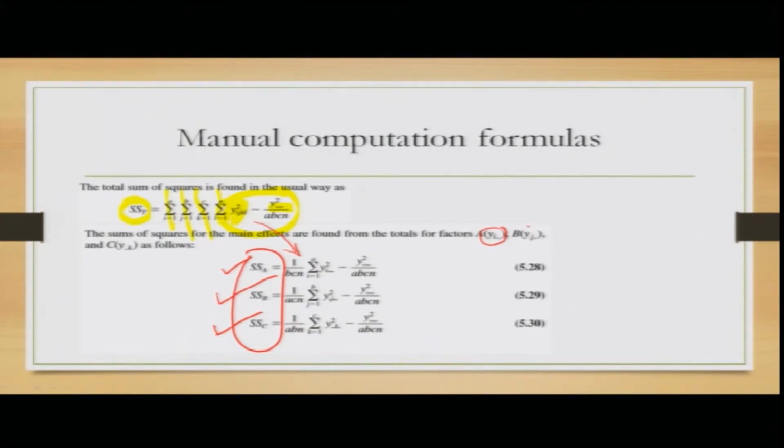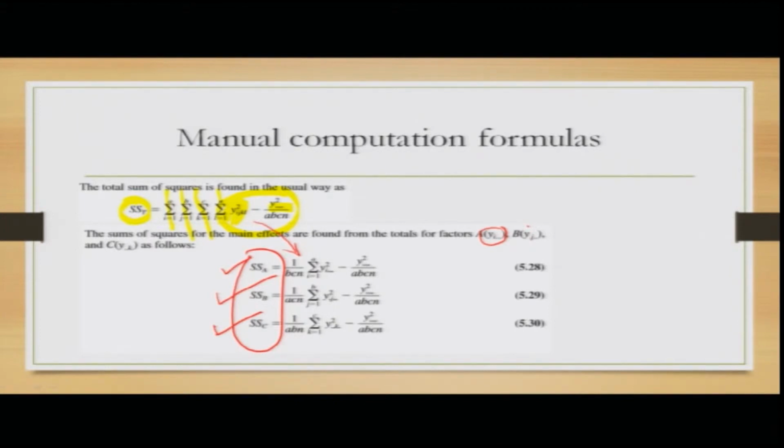For SSB, which is the sum of squares for B, the second suffix keeps changing, but it will be summed up, as I am repeating, for the first, third and fourth places as rightly done here, and it will be divided by a into c into n. And for SSC, the summation would be done for each value of k, over the first, second and fourth places as shown here, and the division would be a into b into n.